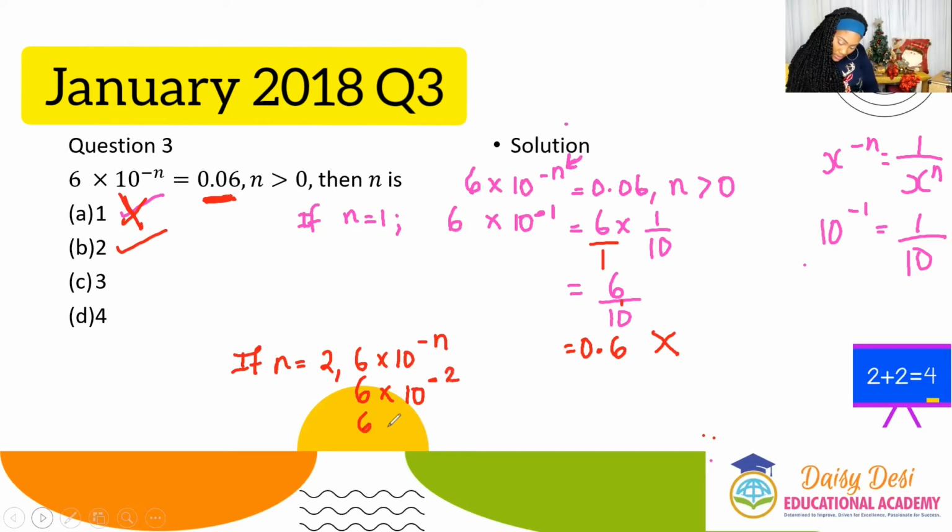So that's 6 multiplied by 1 over 10 squared. That's 6 over 1 multiplied by 1 over 10 squared, which means 10 multiplied by itself 2 times. That's 10 multiplied by 10, and we know that 10 multiplied by 10 is 100. So instead of 10 multiplied by 10, I'm just going to put 100 there.